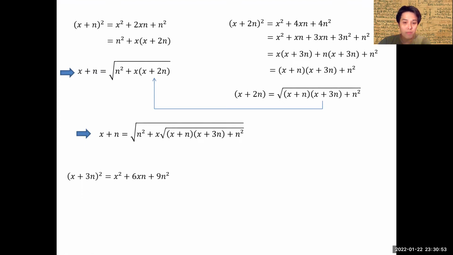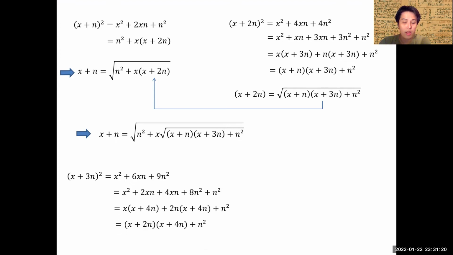The next step, I'm very curious about x plus 3n. So x plus 3n squared, same thing. I'm performing the exact same procedure as what I did just now for x plus 2n. I expand it out, group up the respective algebraic terms, and factorize them out by the grouping method.